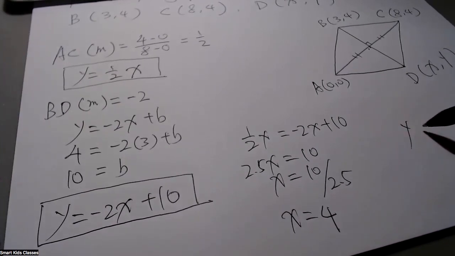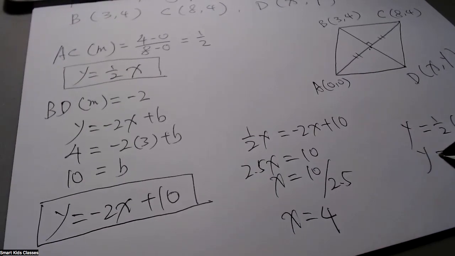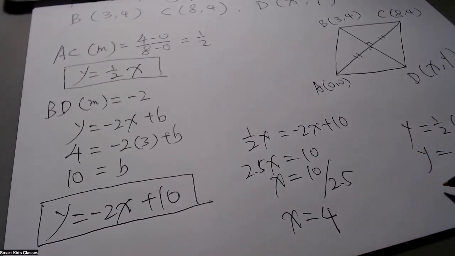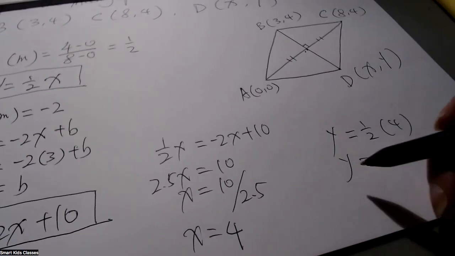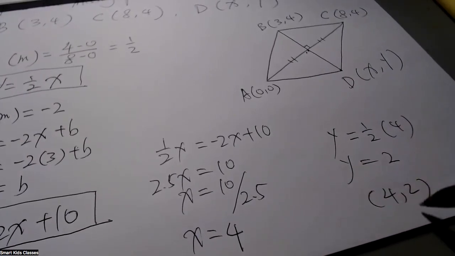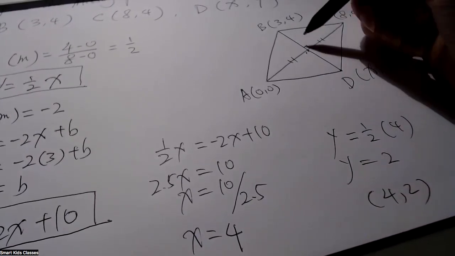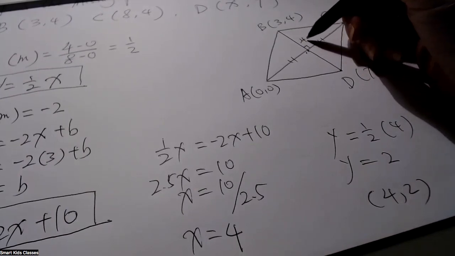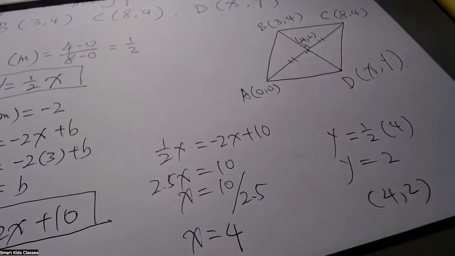So y is equal to 1 over 2 times 4, y equals 2. So we get the point 4 and 2. The midpoint is 4 and 2.